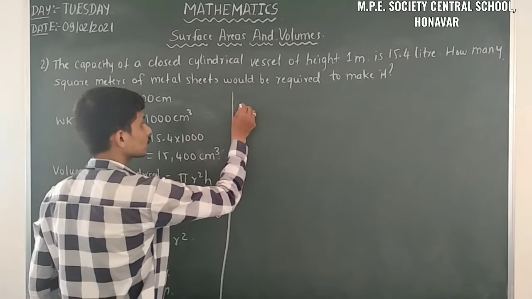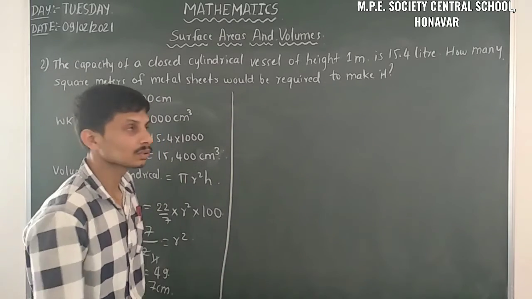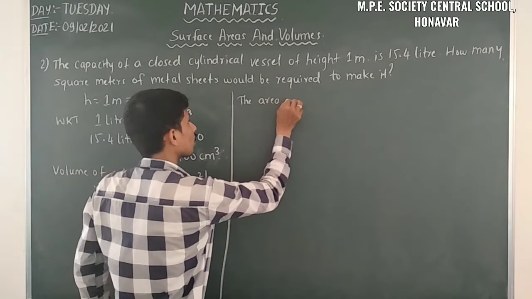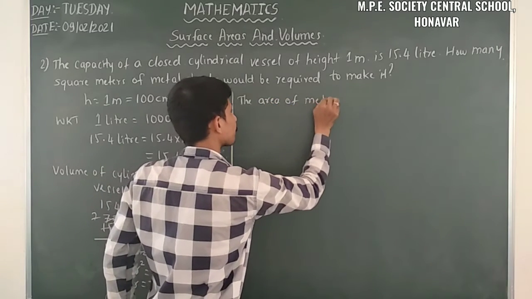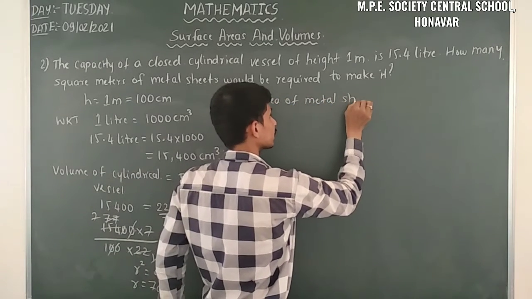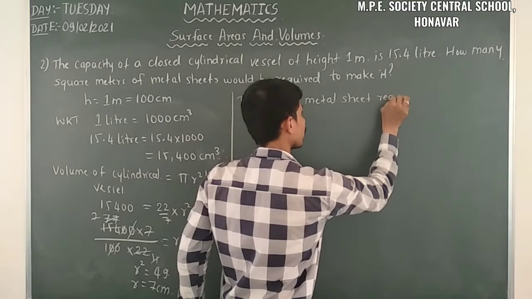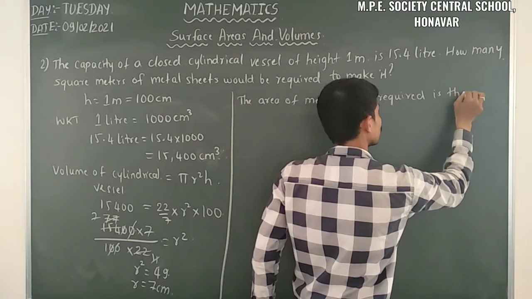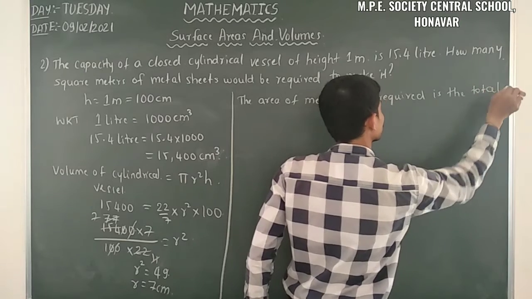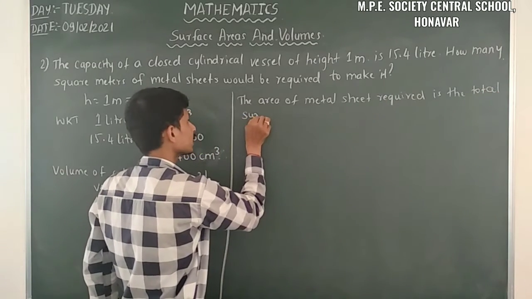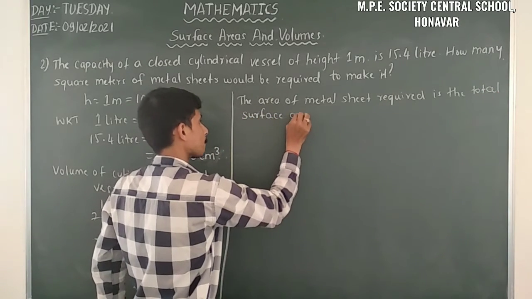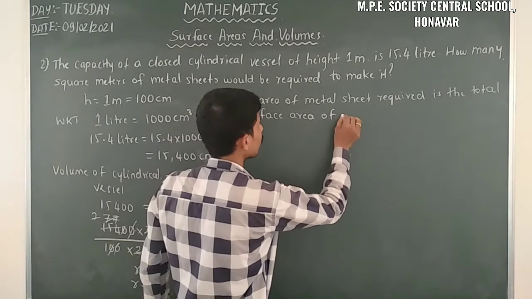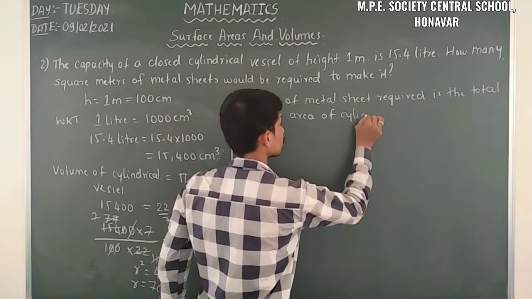That is, so total surface area, that is the area of metal sheet required is the total surface area of cylindrical vessel.